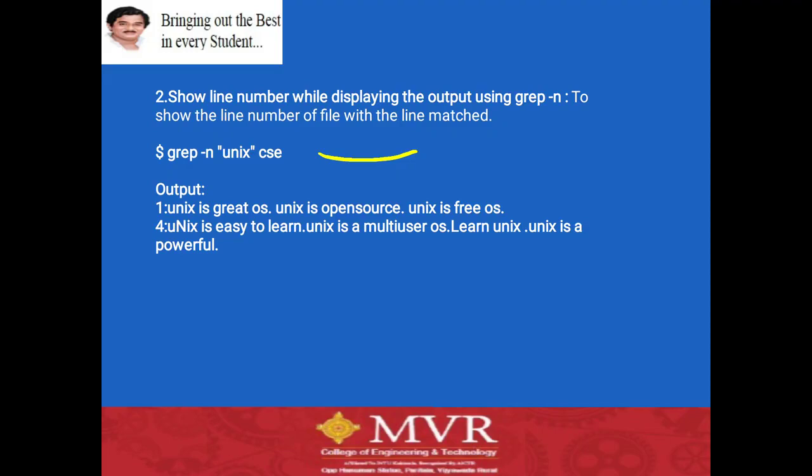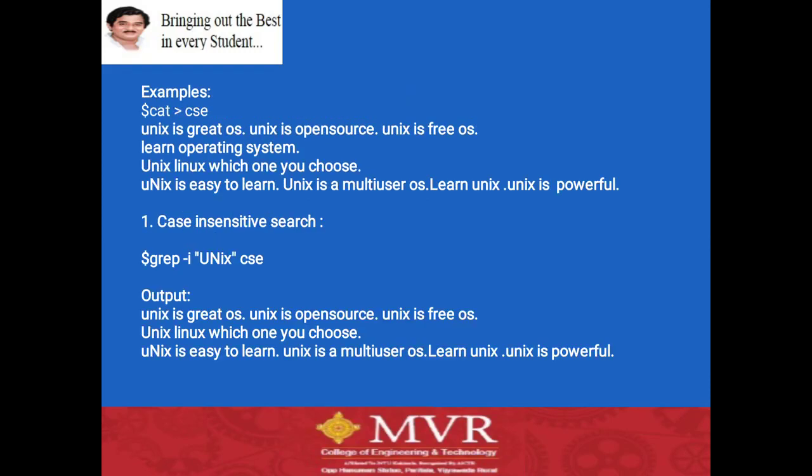But first of all let us match Unix in the CSE file. Here Unix is given in small letters. Let us check in the example. See, the first line contains Unix in small letters, okay. The third line, because the second line doesn't have Unix, so ignore that.